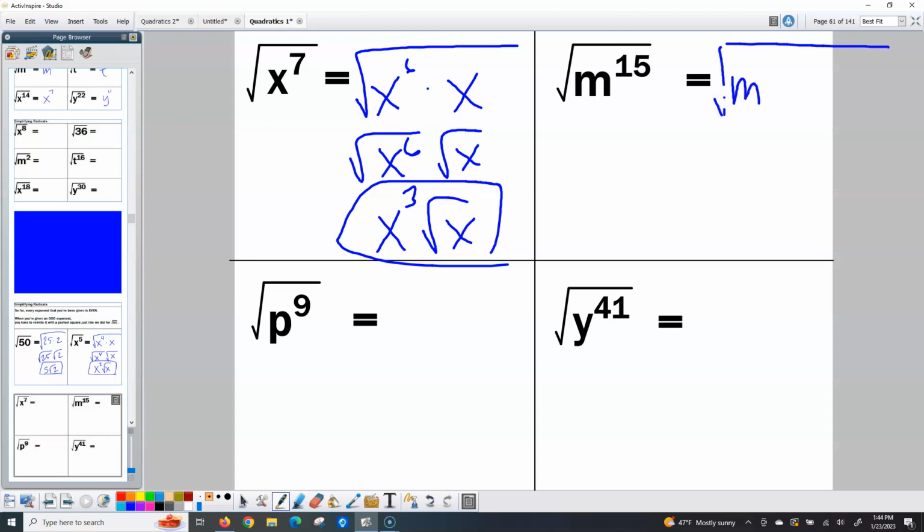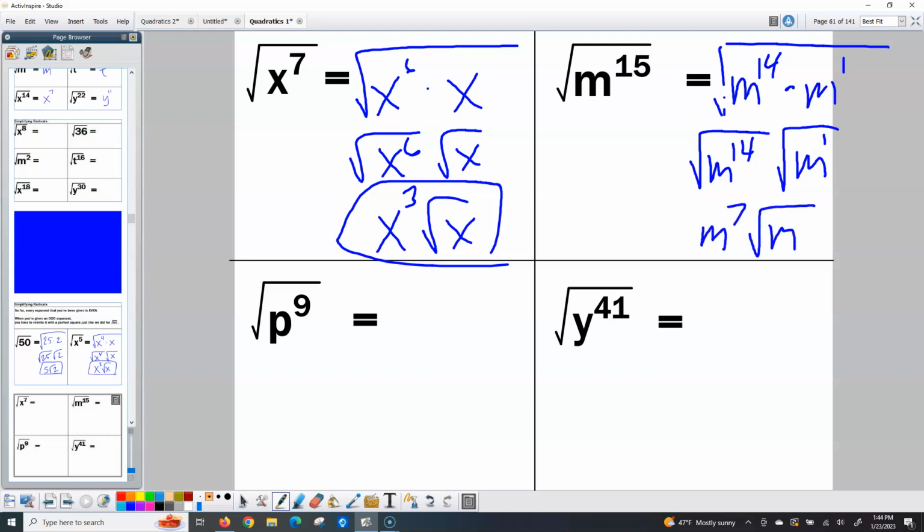That's m to the 14th times m to the 1st. I'm going to separate those, m to the 14th and m. Square root of m to the 14th is m to the 7th. Square root of m is still underneath there.